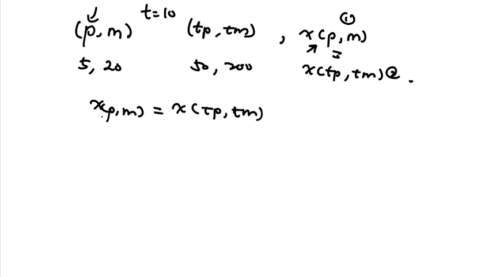So X as a function of prices and also income is just the same as bundle X as a function of tP, new price here, and tM, new income here. Okay.